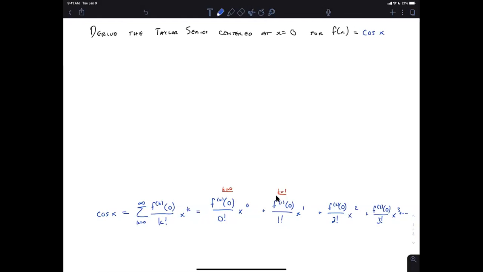So what we do is we try to find a pattern in the numerator. You make a list of the function and a bunch of its derivatives. The function itself is cosine x. Now we take the derivative of that. The first derivative is negative sine.